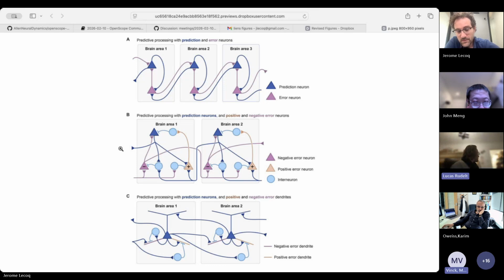One general comment, but I think one must somehow indicate that these are not cortical layers, right? Because that's very confusing if you compare this to the standard graphics that you find in all of the papers of Friston, because here it suggests that the prediction units or the feedback come from superficial layers and the feedforward comes from deeper ones, which is very confusing actually.